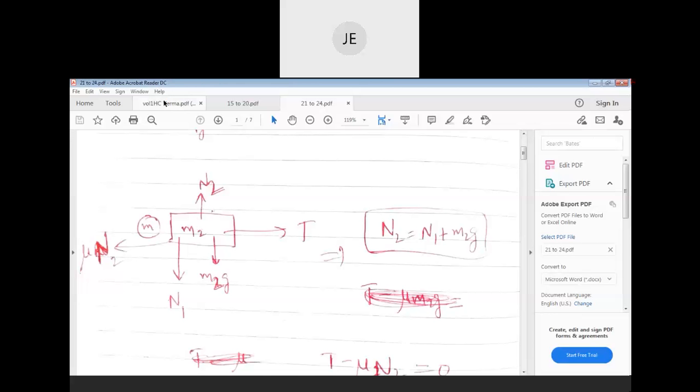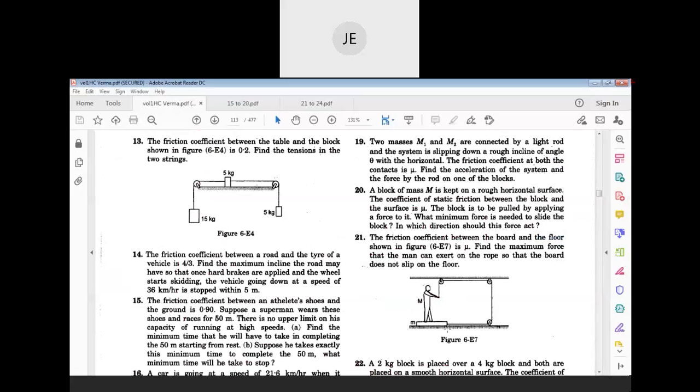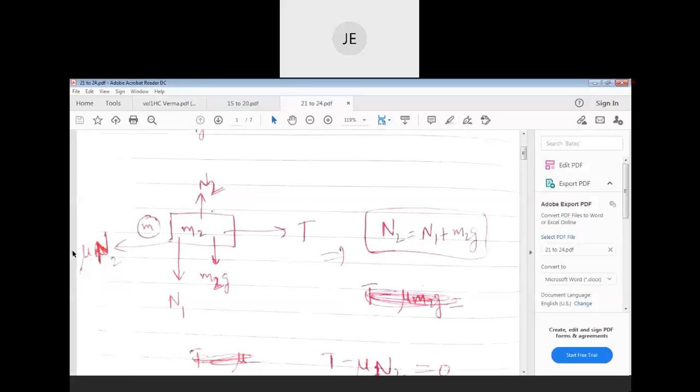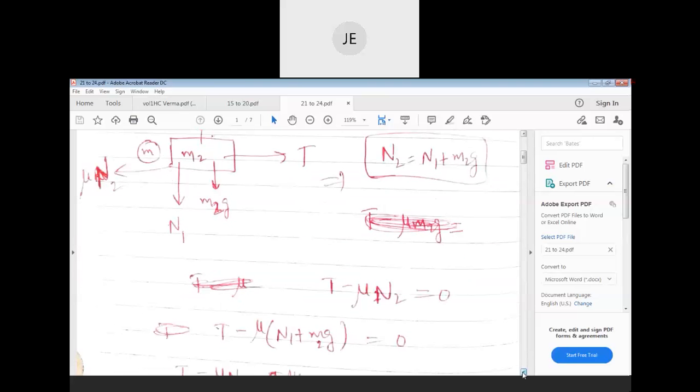And if you see here, rightwards there is a rope, so tension is rightwards. Frictional force will be leftwards. So I have written friction left, tension right. And here, vertical forces: N2 is equal to N1 plus m2g. And horizontal forces: T minus mu N2 is equal to 0.